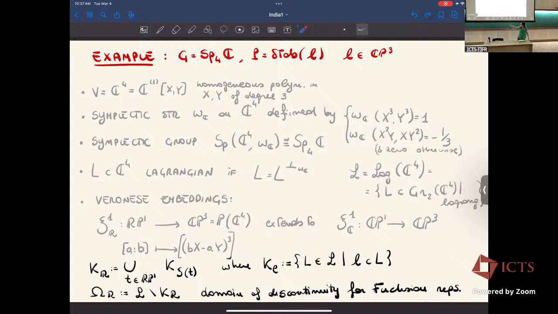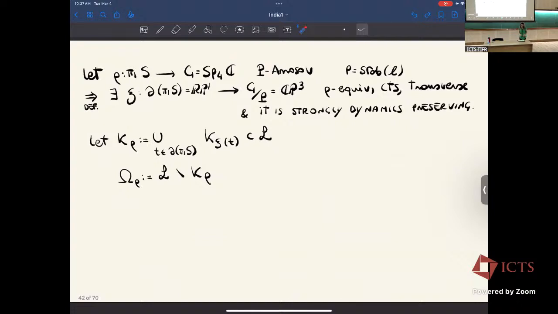And as you have seen, we have a limit curve in CP3 and the domain of discontinuity in Lagrangian space. And so this works more generally, even when your limit curve is not coming from a Fuchsian representation. It's just that in this more general setting, it's harder to give you a closed formula for the limit curve.